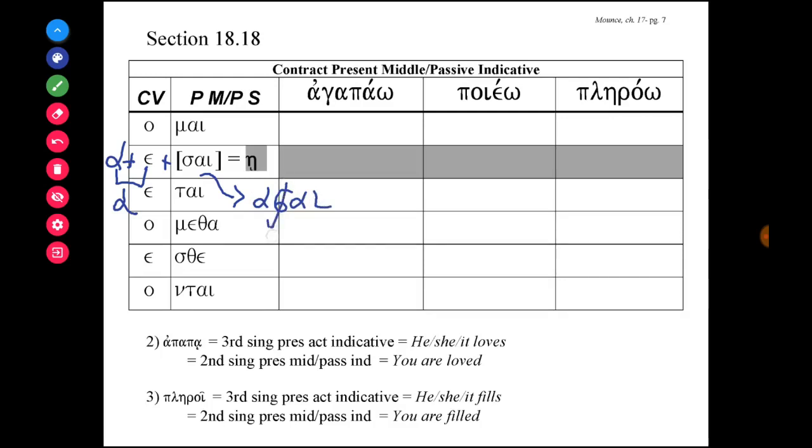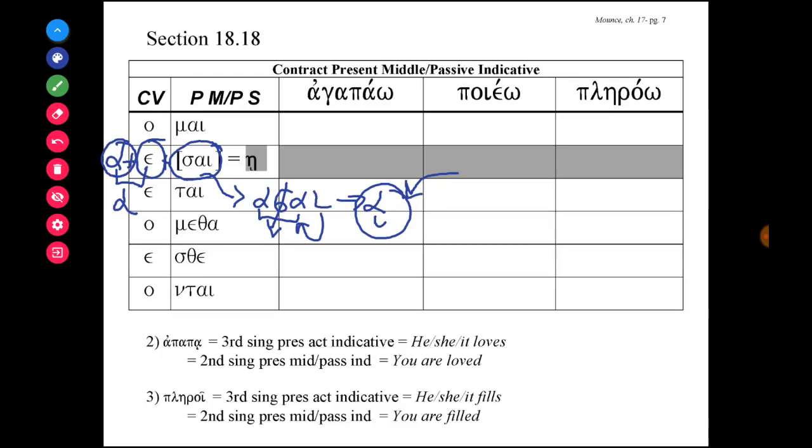When the sigma drops, alpha, the little two rule, two like letters become one, and then this iota subscripts because here the alpha becomes long. So this is actually the final form when you contract the alpha from the verbal stem, plus the connecting vowel, plus the primary middle passive suffix sigma. When the sigma drops out and the vowels contract, you end up with this final suffix form.